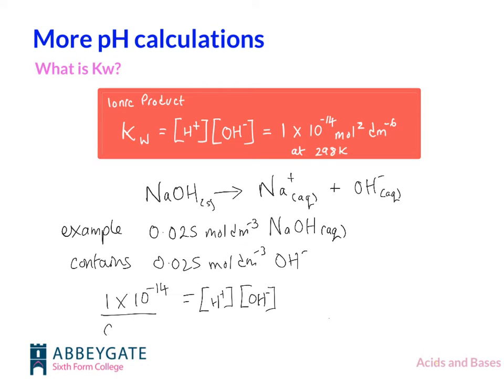So we know that's 0.025, and that's going to be equal to the concentration of the hydrogen ions. So if I plug those numbers into the calculator, I get an answer of 4 times 10 to the minus 13.